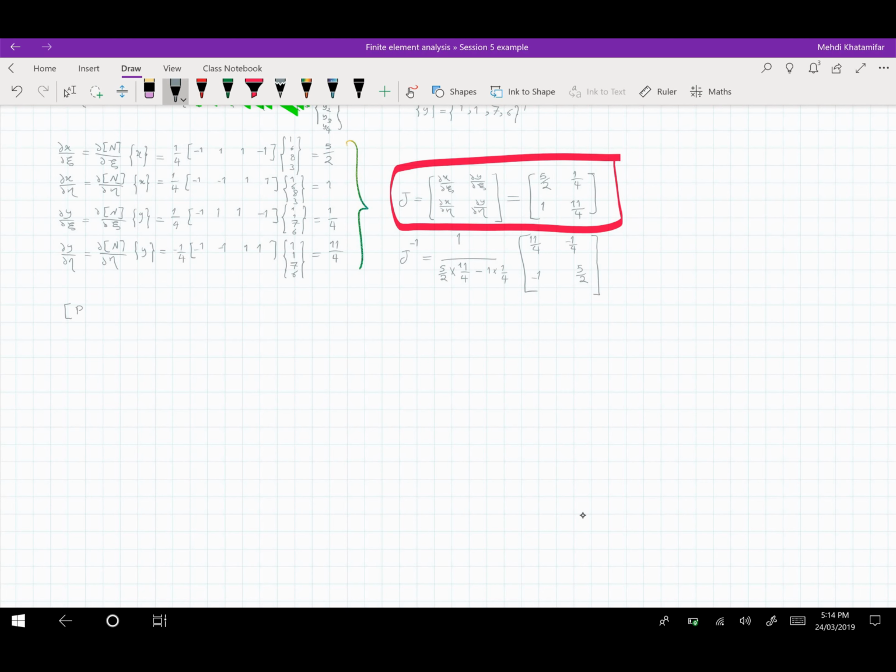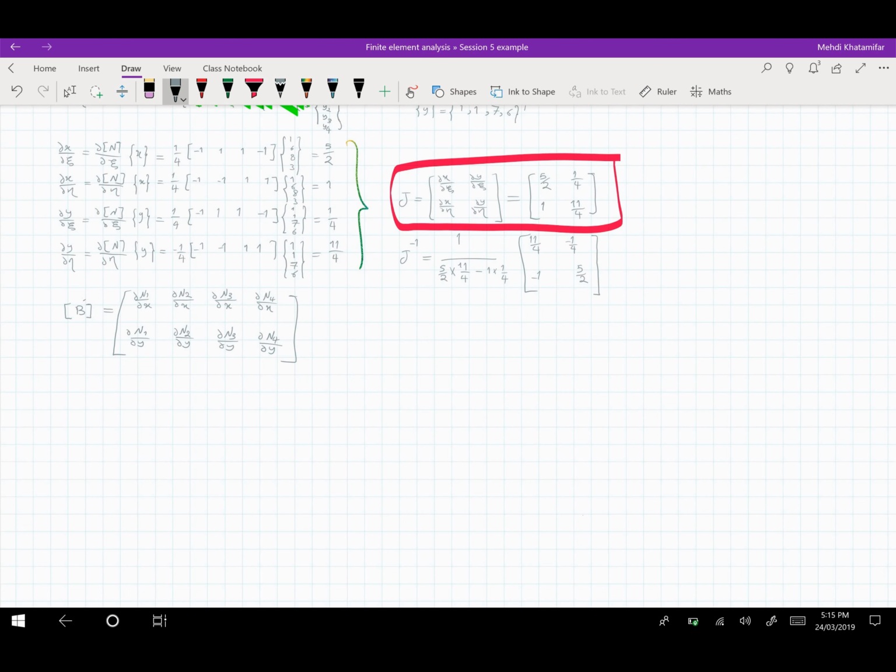Let's start with the compact version, which we said we are going to call B prime, and the compact version of this matrix is dN1 dx, dN2 dx, dN3 dx, dN4 dx, and then the second row is going to be dN1 dy, dN2 dy, dN3 dy, and dN4 dy. This is our compact strain displacement matrix.